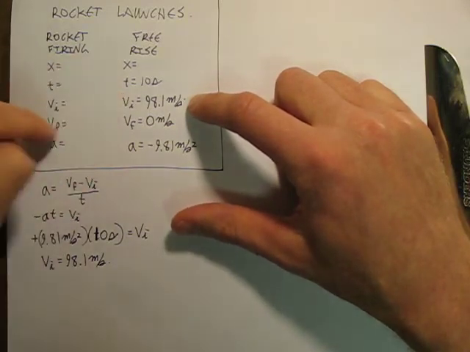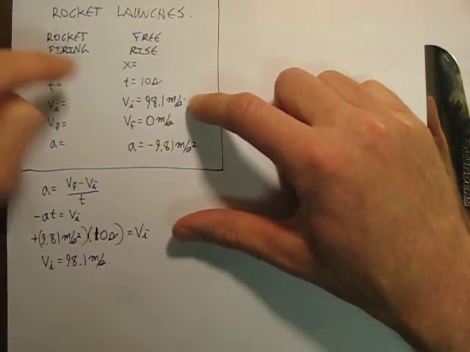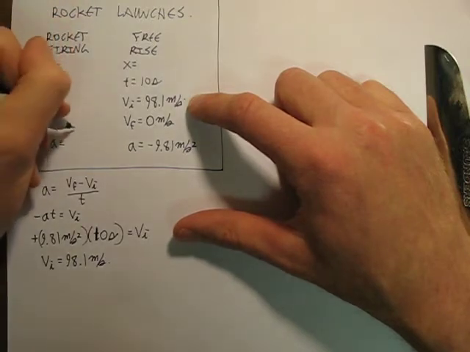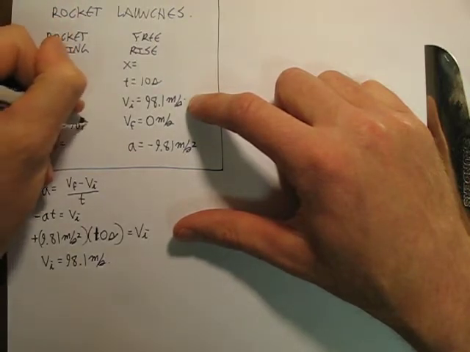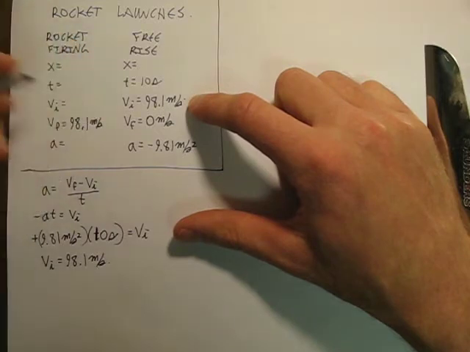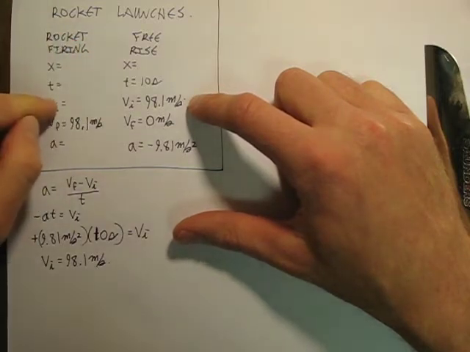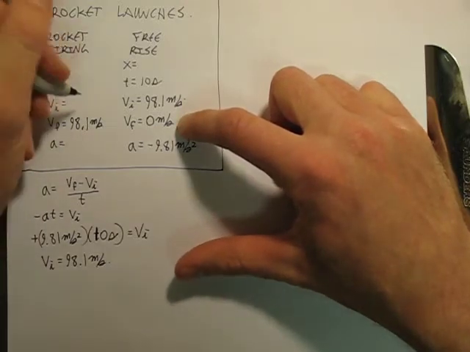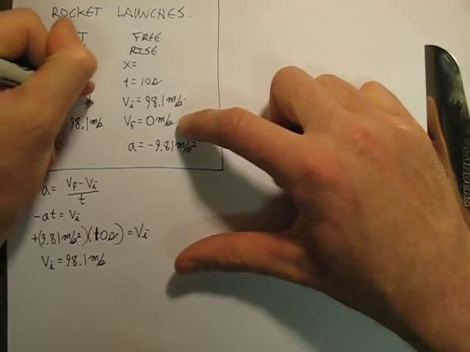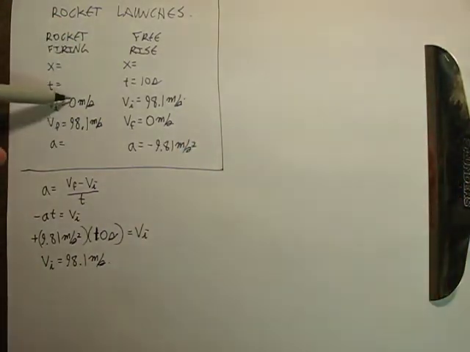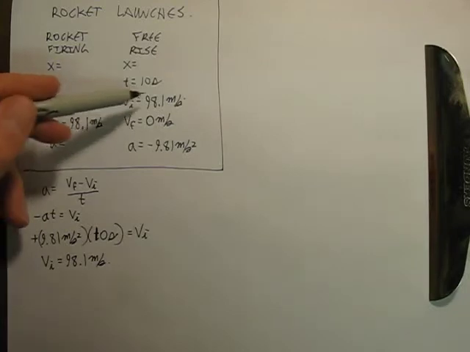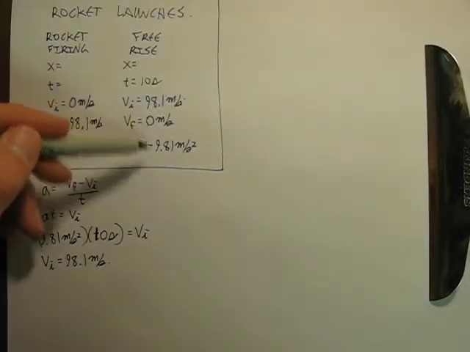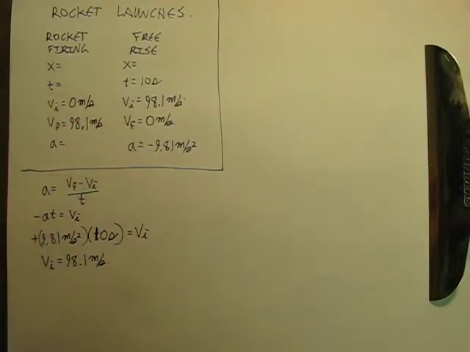Now, that's the final velocity over here for the rocket firing. So for the rocket firing, it ended up at 98.1 meters per second. And when the rocket was on the launch pad, before the rocket fired, it was going 0 meters per second. So what's going to happen is it's on the launch pad, it accelerates to 98.1 meters per second, and then the rocket motor stops, and then it slows down from 98.1 meters per second to 0 meters per second under the influence of gravity.